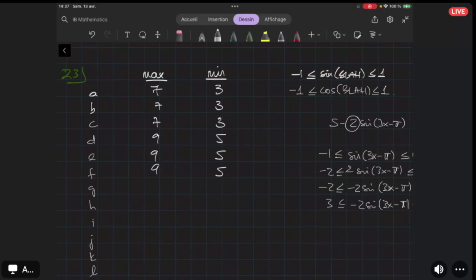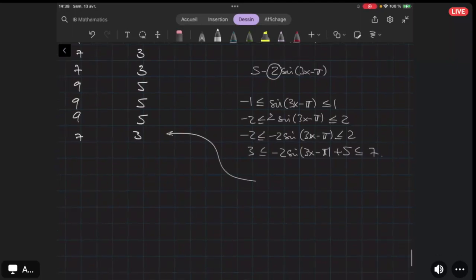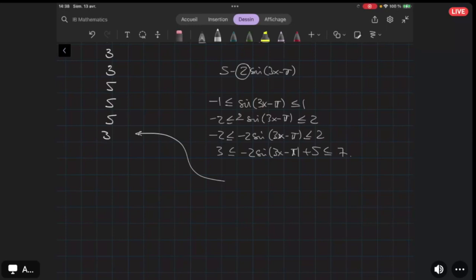G is now a test to see if you've memorized or you actually understand what's going on. Oh, no. 7 and 3? You sure 7 and 3? It is 7 and 3. Please wind up working. Yes, I will. So we found, very conveniently, it's right there. Negative 3 less than or equal to that less than or equal to 7.